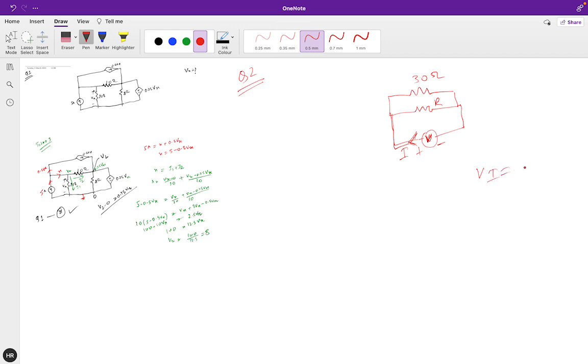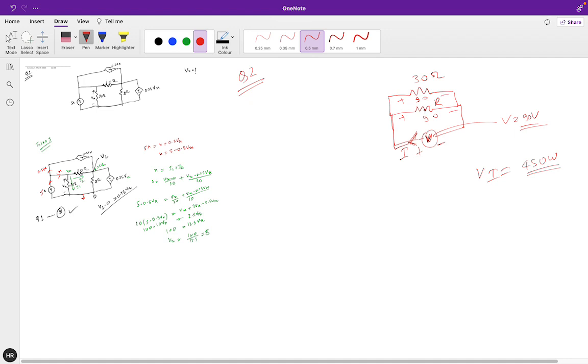The product of V into I is given as 450 watt overall power. Now the applied voltage V is also given, that is 90 volt. You have to find the value of R. So 90 volt is here, that means this is also 90 volt.